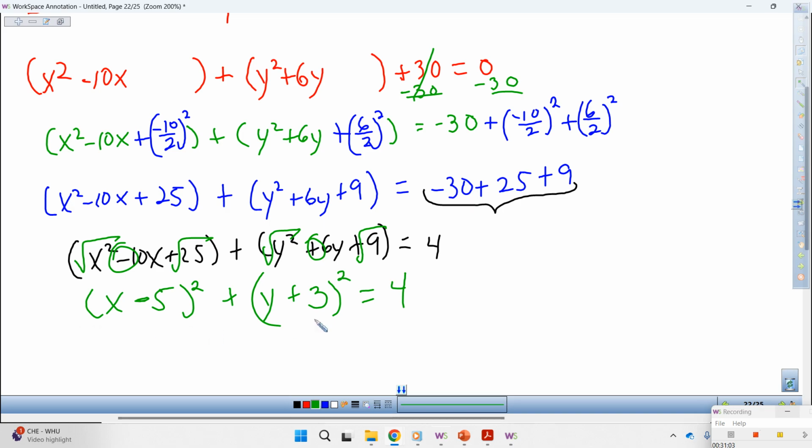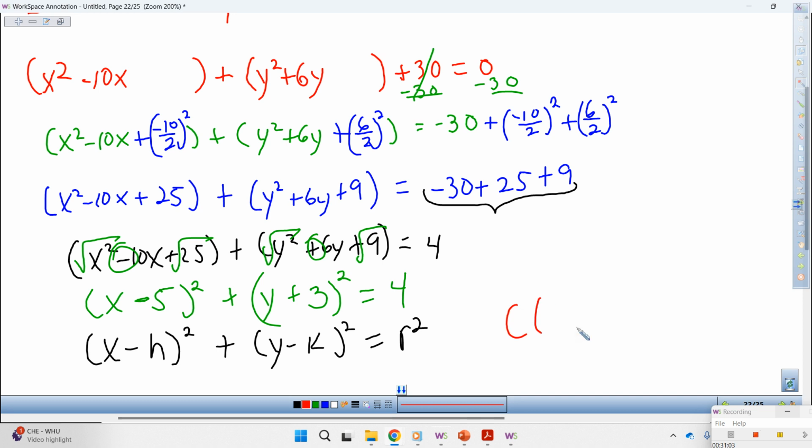Question, does this look like a standard form equation? Let's check. (x minus h) squared plus (y minus k) squared equals r squared. Okay, hold on. Before we finish, look up. We need a center and a radius to graph that. So, look at it.